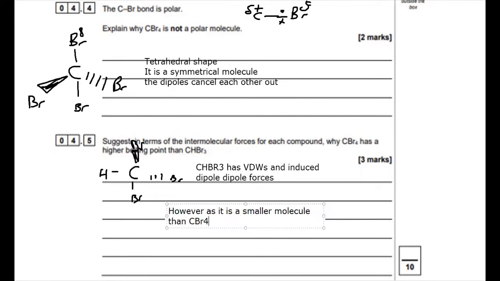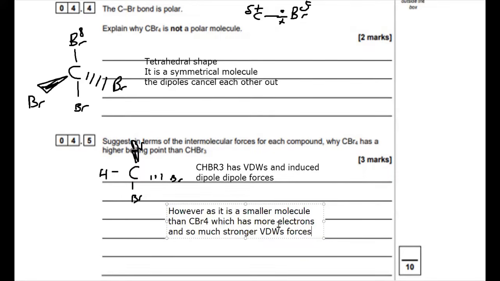CBr4, which has more electrons and so has many more van der Waals forces. And the increase in the van der Waals forces in the CBr4 is enough to overcome the fact that CHBr3 has both van der Waals and dipole-dipole.